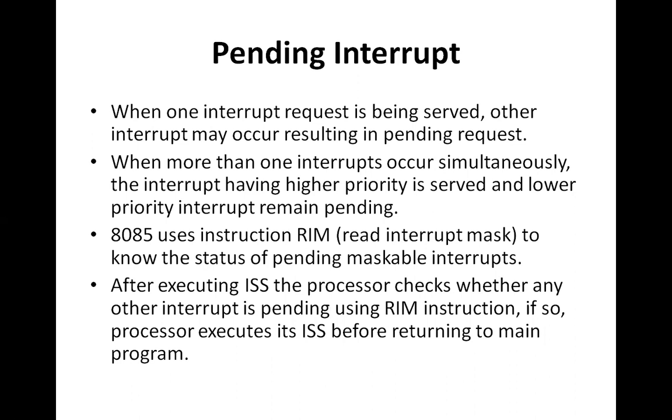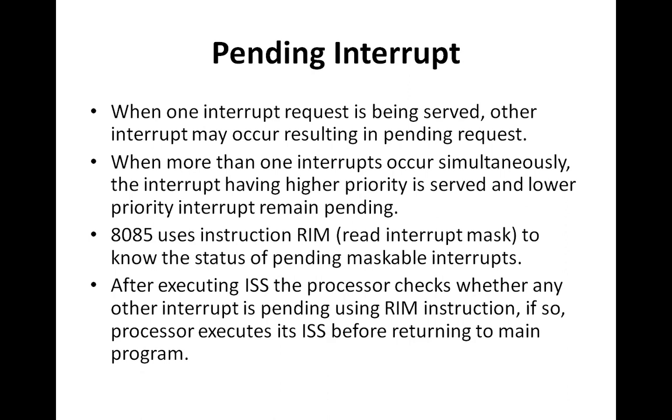The second case of pending interrupt may be if one interrupt has come and it is being entertained by the processor, and during its execution, another interrupt arrives at the microprocessor. That will be considered a pending interrupt.